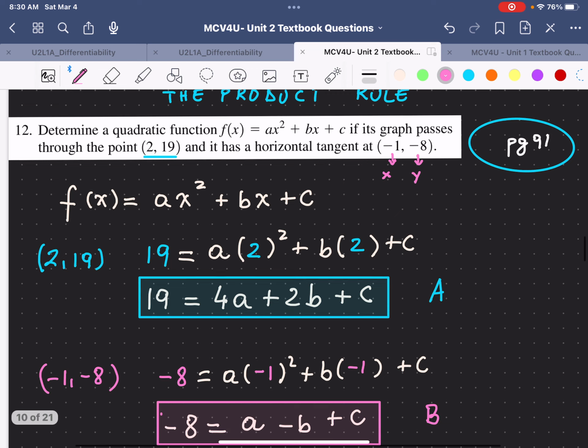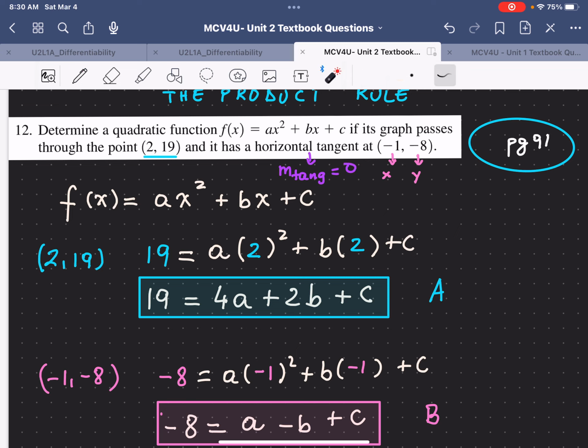And we're going to use this same point again to find the unknowns, because we know that at that point the tangent drawn on the graph will be horizontal. So what does that mean, that the tangent is horizontal? You're probably thinking horizontal tangent means the slope of the tangent must be equal to 0.